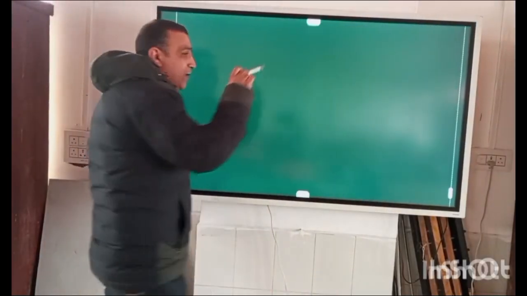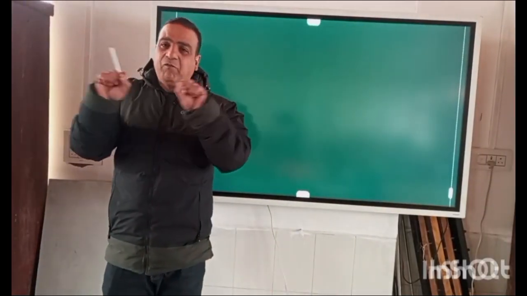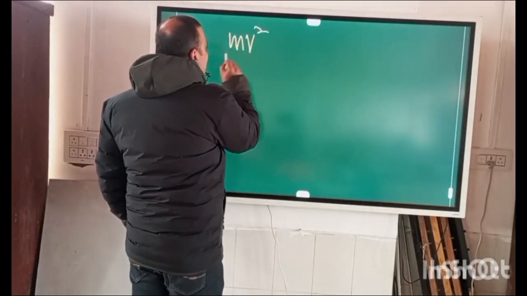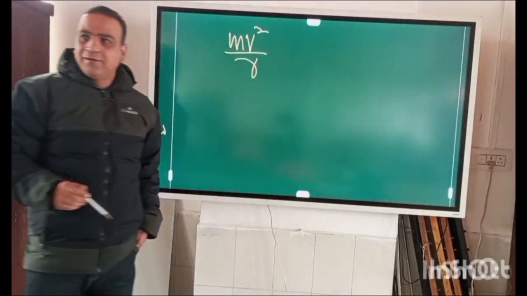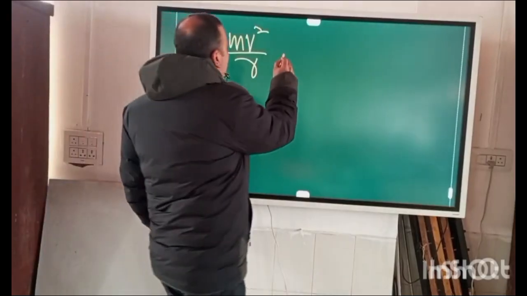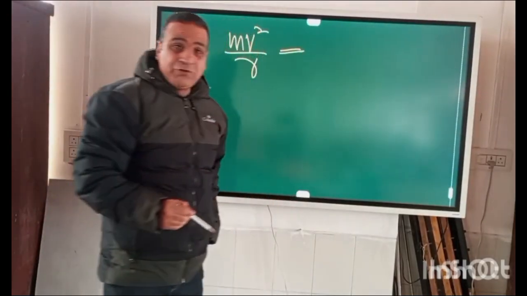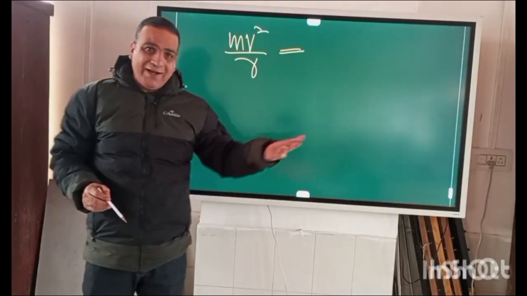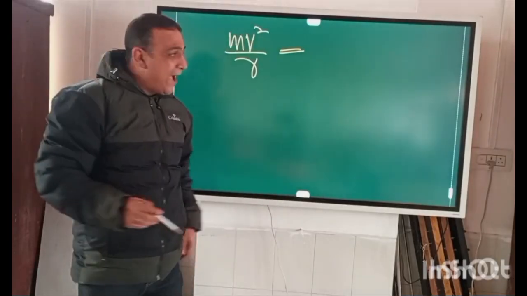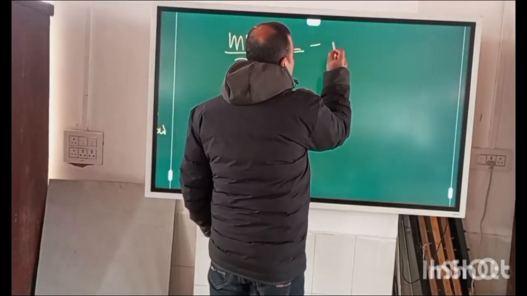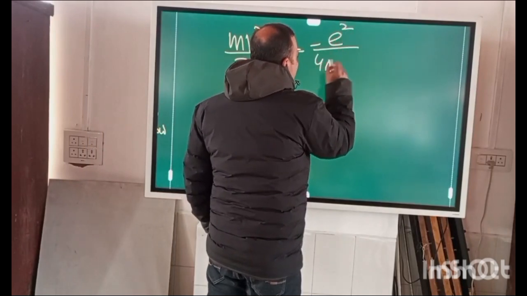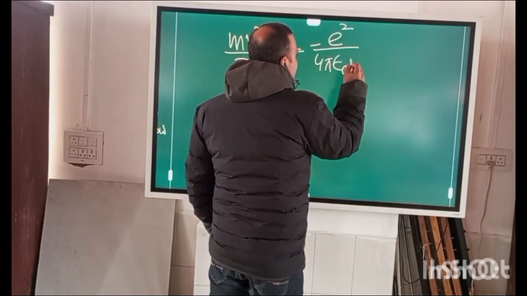What was that? So you have the centripetal force. What is that? That is mv square by r, right? And then you have the electrostatic force. Since we are talking about hydrogen atom, it has one electron, its atomic number is 1. So the electrostatic force here is minus e square by 4 pi epsilon naught r square.